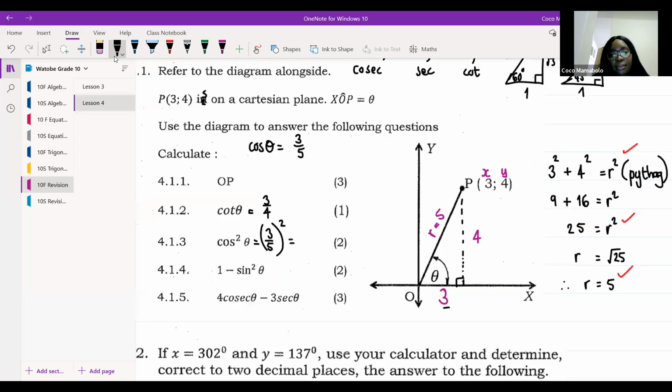What is 3 squared? 3 times 3? 9. Good. Over 5 squared, which is? 25. Good. So the answer we're actually looking for here is 9 over 25. Okay.